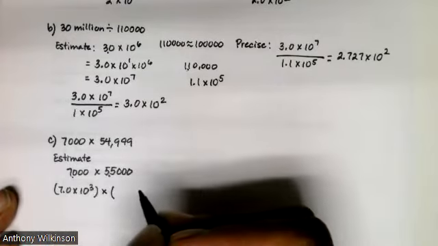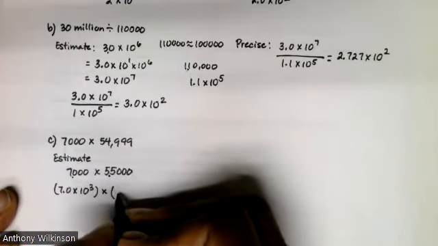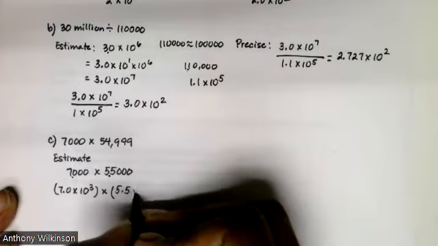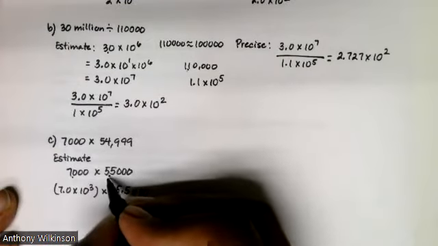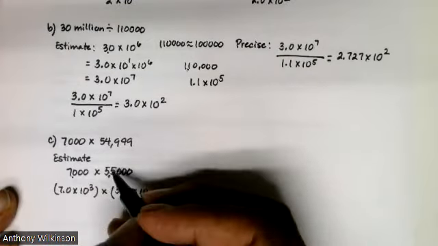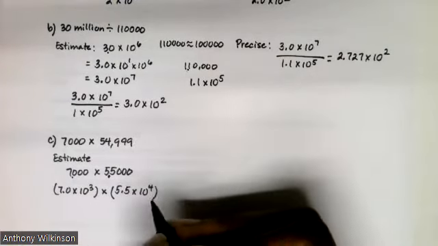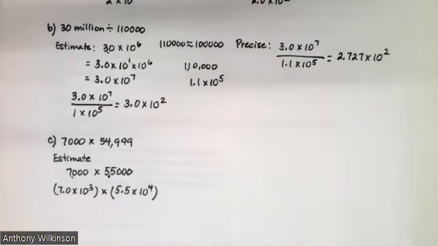I put the decimal point behind the first 5, and that will be 5.5 times 10. Putting this decimal point here means I have 1, 2, 3, 4 places, 4 digits to the right. So I got 7.0 times 10 cubed times 5.5 times 10 to the 4th.